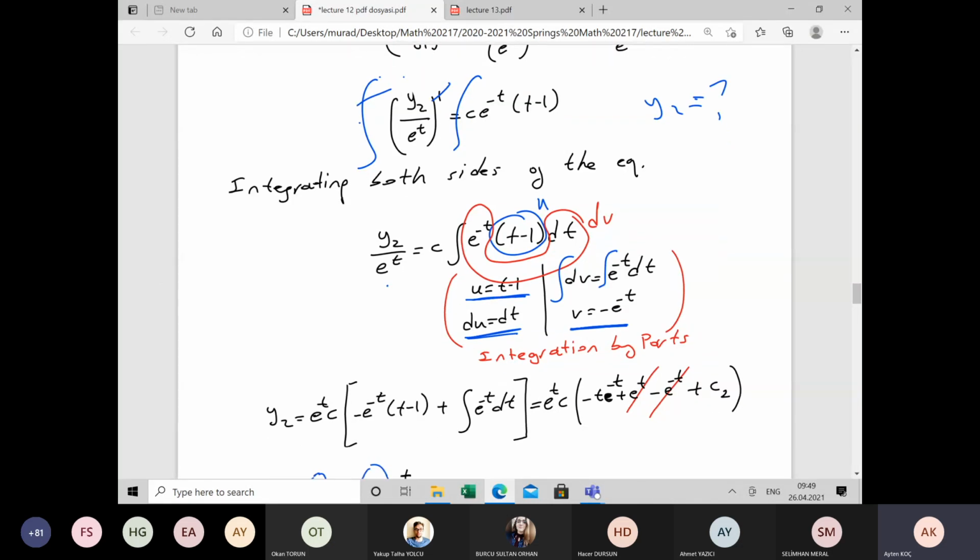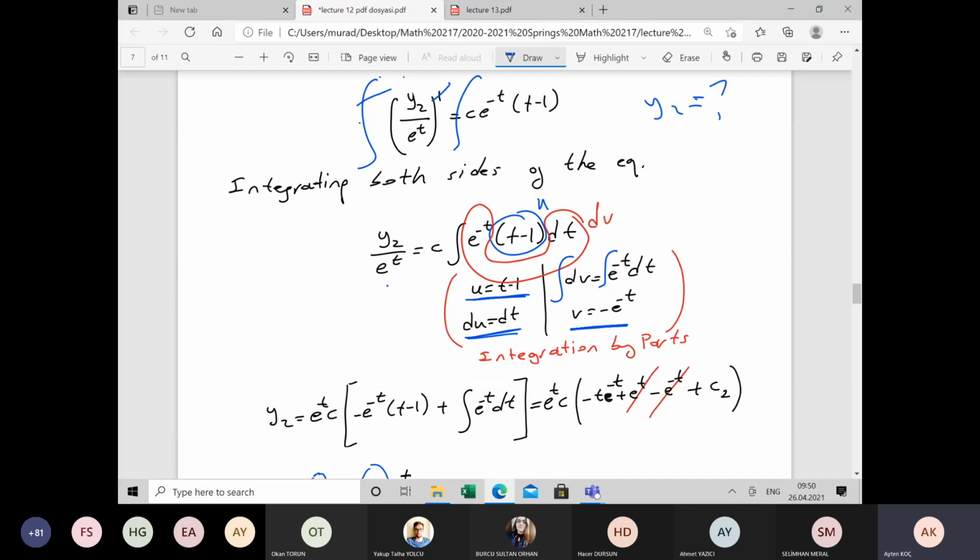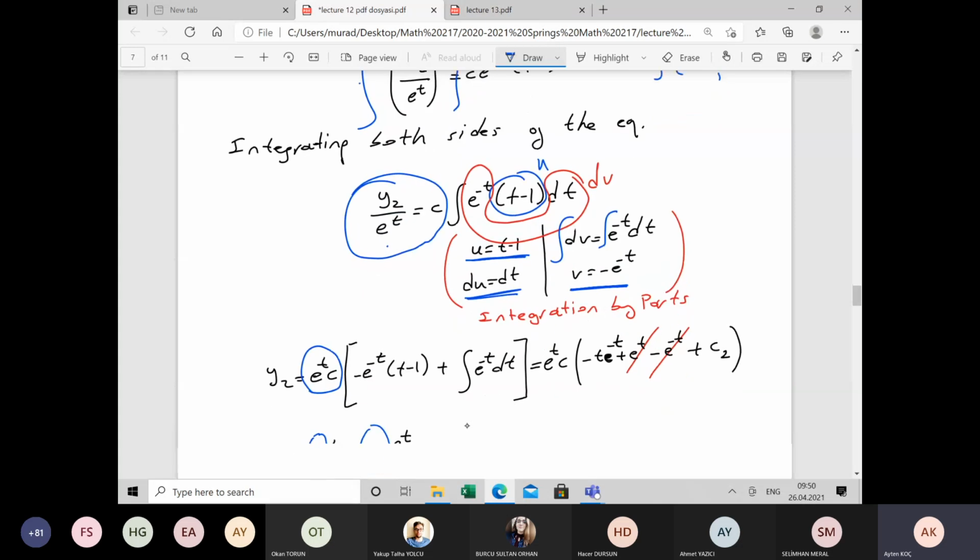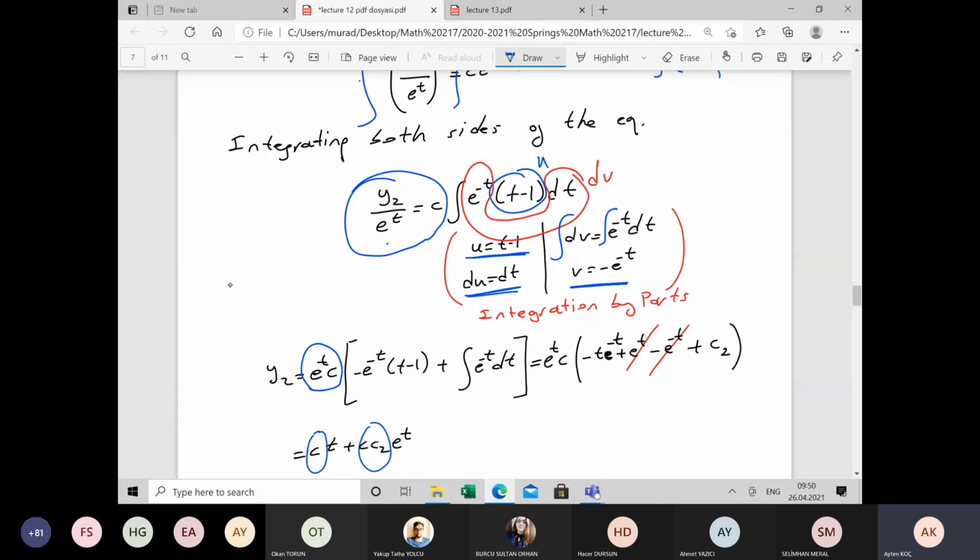And then y over e to the t is equal to c, and write the integration by parts formula: the integral of u dv is uv minus the integral of v du. Use this formula: u times v gives this one, and minus v times du gives this one.